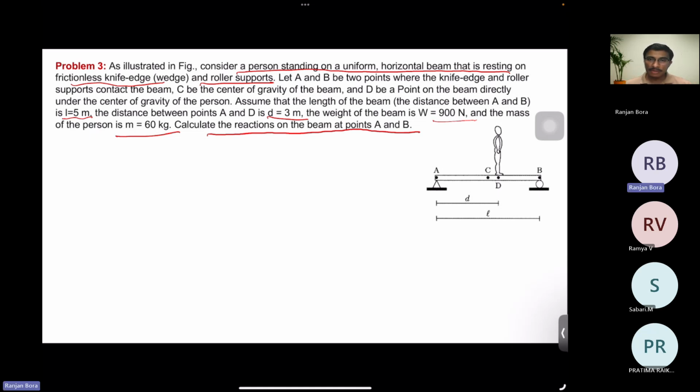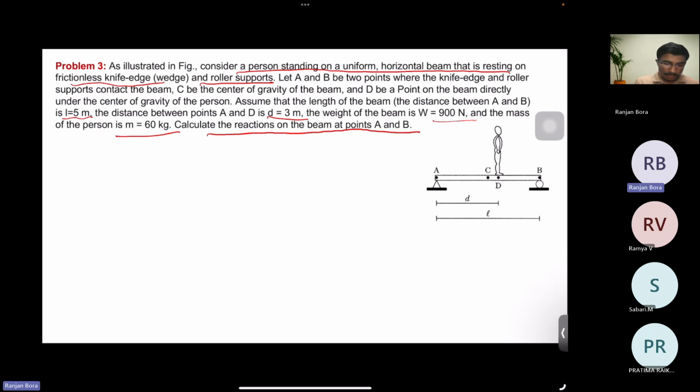So the first step is to draw the free body diagram. So how to solve this problem?